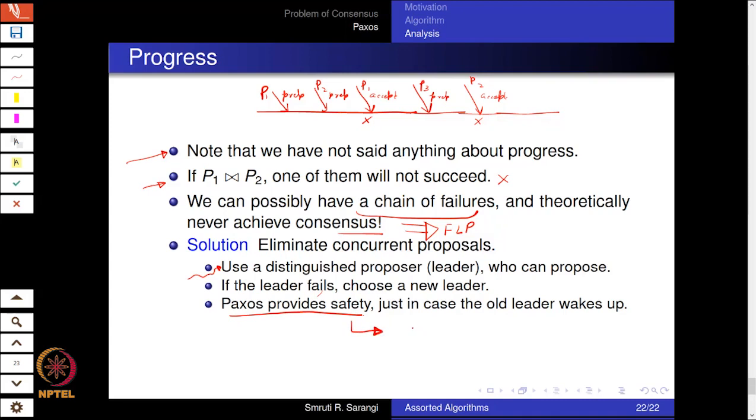Well, because this was a protocol for accepting a single value. But let's say that we want to send a sequence of values, like a sequence of transactions to different servers. Then essentially all the servers have to agree on the sequence of values. So we will have to run multiple rounds of Paxos. So this makes things very complicated.